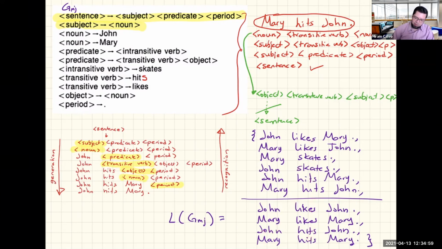And do you remember what we can say about finite languages? If we have a language and the language is finite, what kind of language is this? It's regular. Right. Remember that if a language is finite, then it's regular.